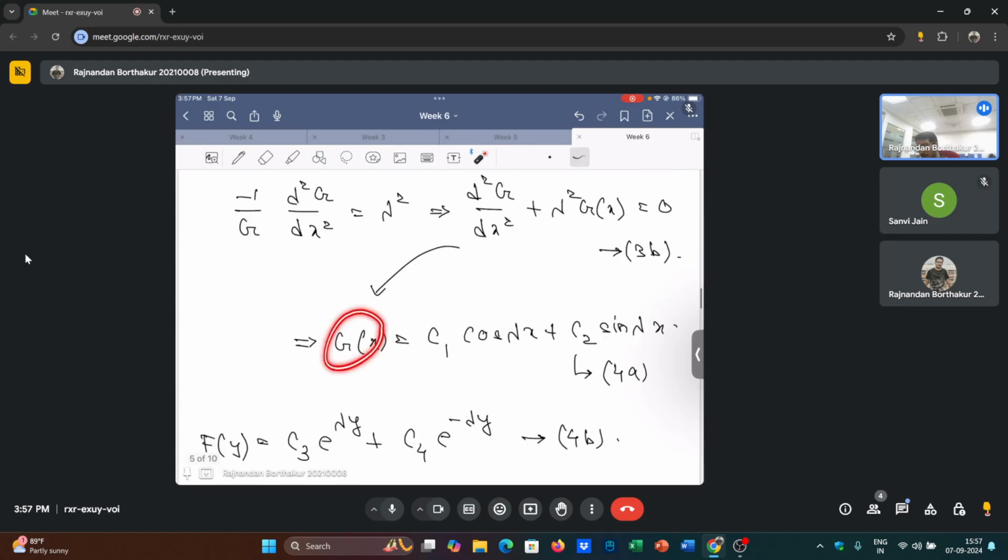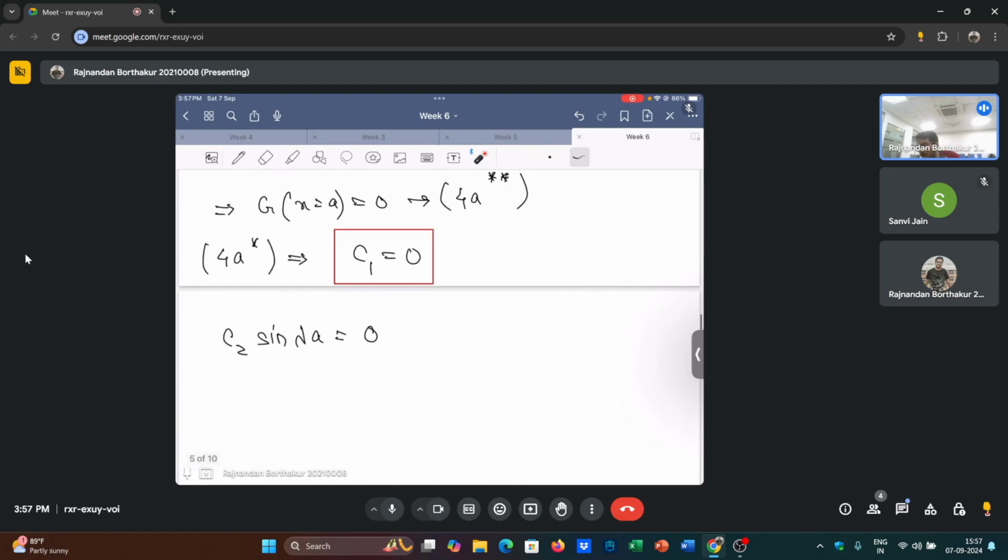This means my g of x will turn out to be 0, and since the temperature is the multiplication of g times f, the temperature will also be 0. We end up getting the same old trivial solution, but we are not interested in the trivial solution, right? So that's why C2 cannot be equal to 0.